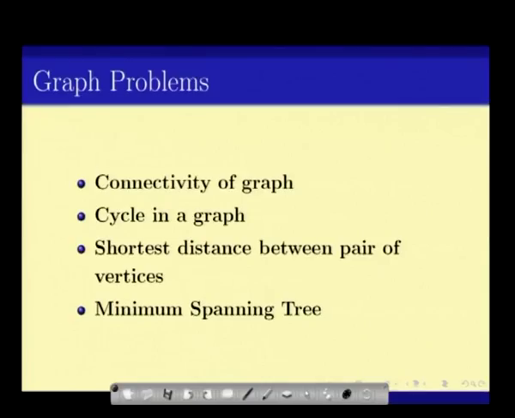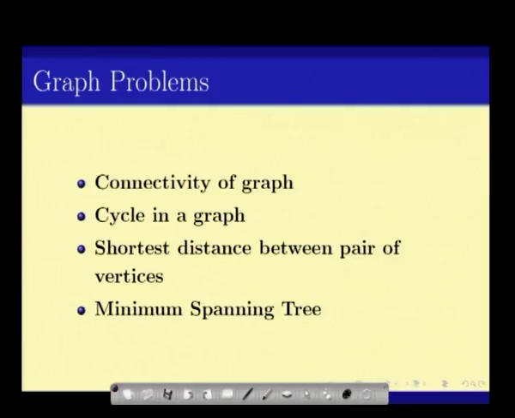We also looked at, given a graph and possibly weights on the edges, what is the shortest distance between a pair of vertices, or how can we compute the shortest distance from any pair of vertices. So, we looked at the single source shortest path problem and also the all pair shortest path problem. We also looked at the minimum spanning tree, how to obtain a minimum spanning tree of a graph. So, these are some of the problems in graph algorithms that we had encountered.